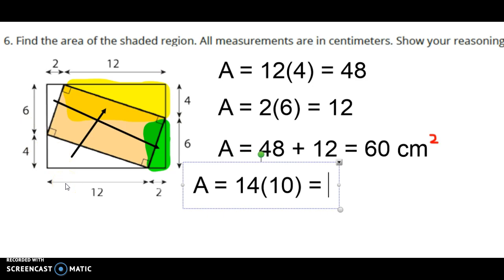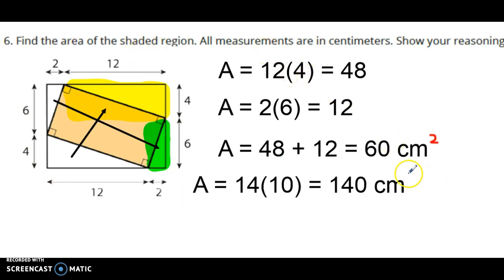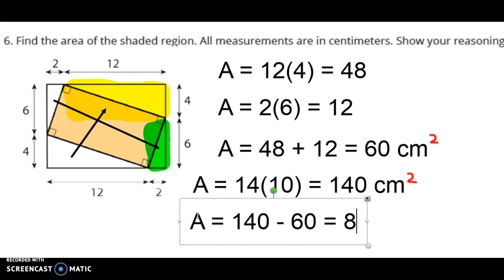I'm just going to add my 0 to 14, so area is going to be 140 centimeters, and once again, that is squared. So if that's my area of my overall shape, to find just the shaded area, I'm going to go 140 minus 60, which is 80 centimeters squared.